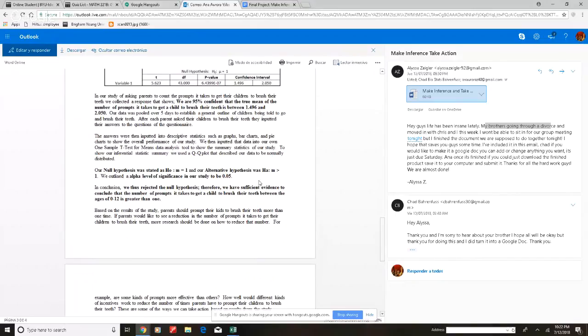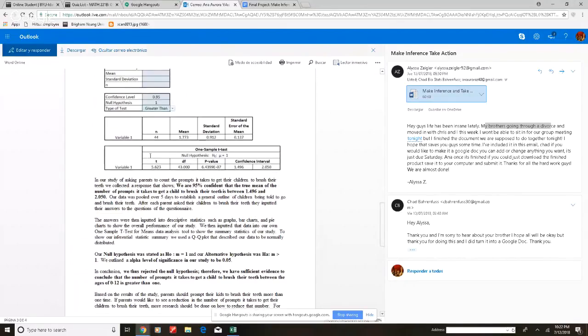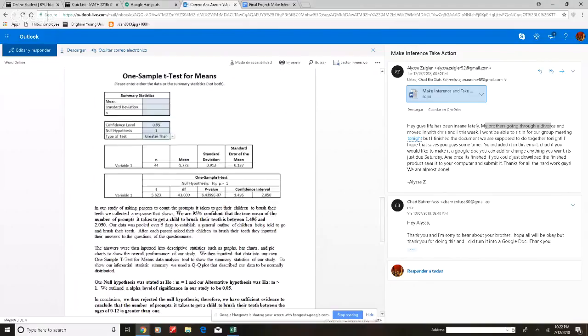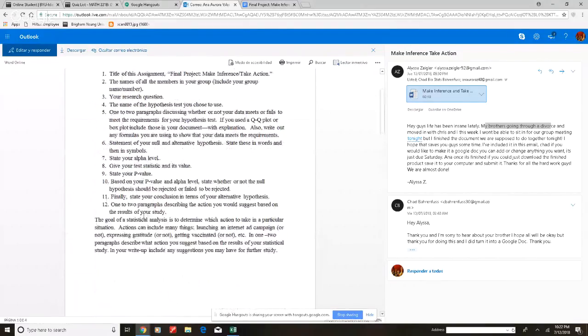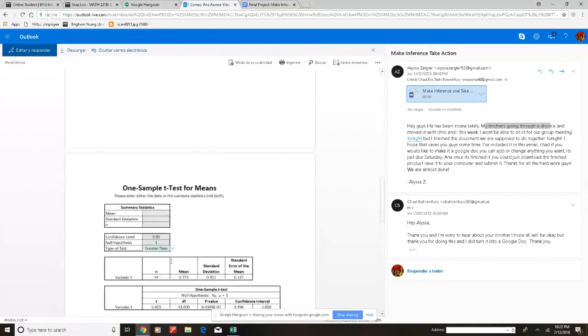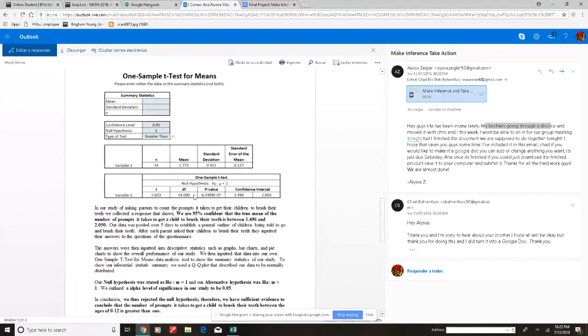Yeah. The only formula that she's actually using is this one sample t-test for means, like this actual summary statistics. I don't know for our thing, the p-value and t-statistic here.